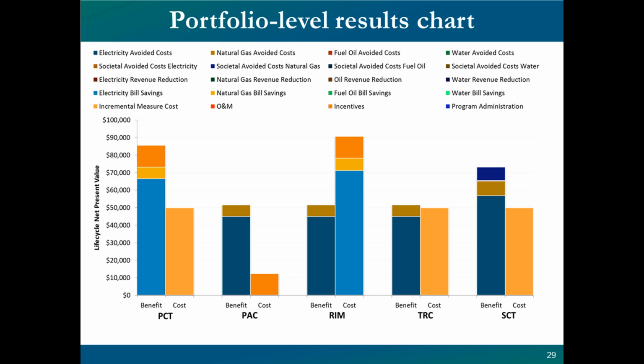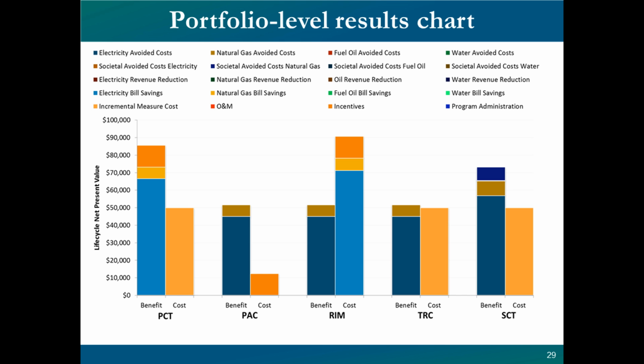And then finally, the results for all 5 programs in the portfolio are shown here graphically. We have the benefits on the right-hand side and the costs on the left. So for each of these cost tests, if the benefit bar is higher than the cost bar, that is passing that cost test. And you can see this TRC over here. We had 1.03.